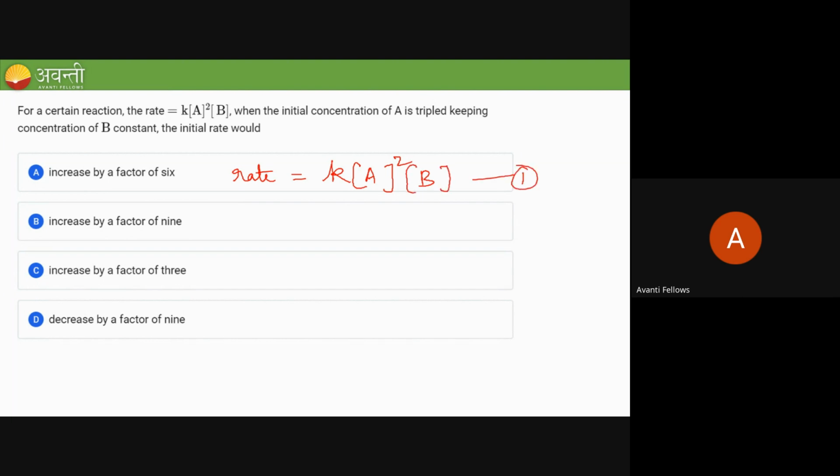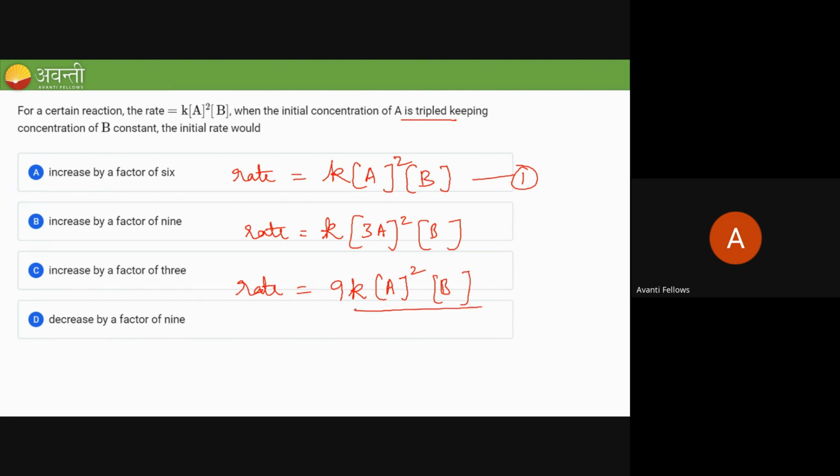Now, increasing the concentration of A to 3. Concentration of A is tripled, right? So K into 3A, into B. So 3 square is 9. So rate is equal to 9K, concentration of A power 2, B power 1.